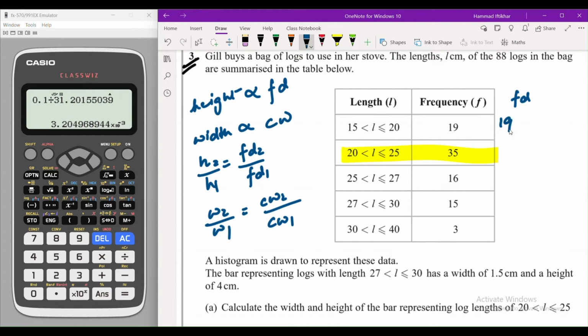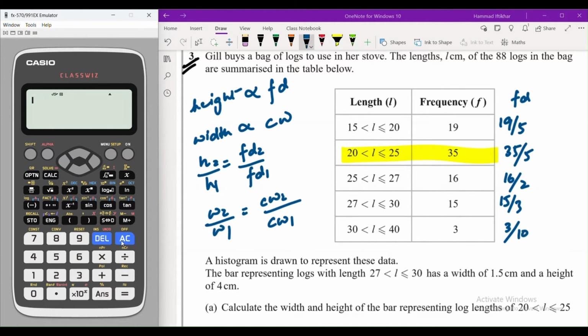So 19 divided by 5, 35 divided by 5, 16 divided by 2, 15 divided by 3, and 3 divided by 10. So 19 divided by 5, that is 3.8.